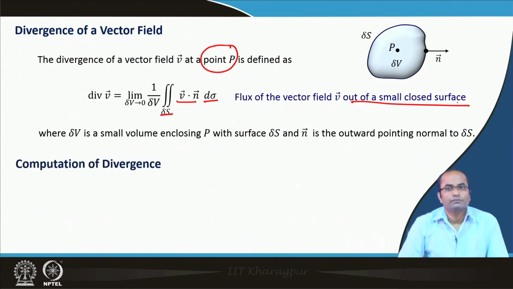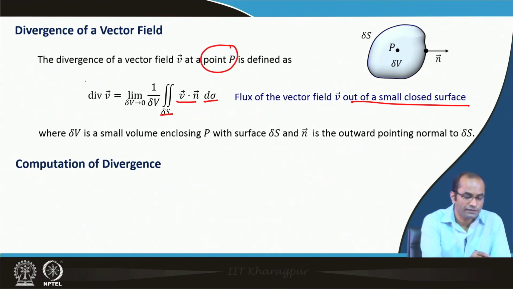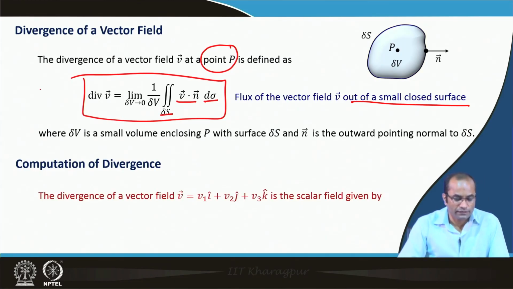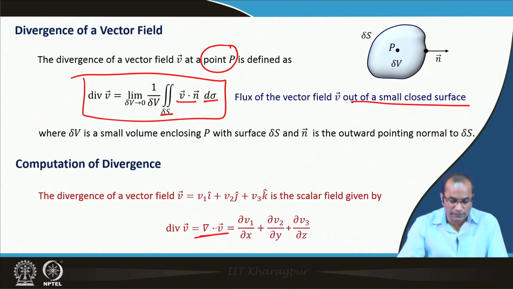For instance, if we talk about the computation of the divergence, this surface integral can be handled in a much simpler way, and the formula which turns out of this limiting situation considering a volume around a point P is given by divergence V is equal to del dot V. That means del V1 over del x plus del V2 over del y plus del V3 over del z, because this del, to remind, was the operator del over del x in the direction of i, del over del y in the direction of j, and del over del z in the direction of k.